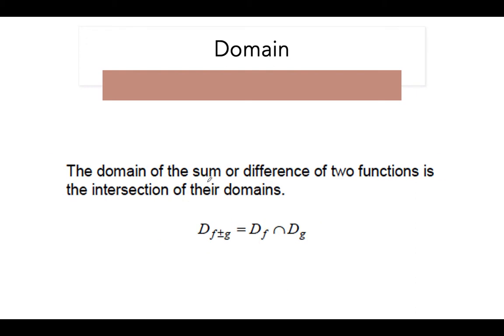The domain for the sum or difference of the two functions is the intersection of their domains. So whether it be plus or minus, where the two functions intersect will be their arithmetic domain.